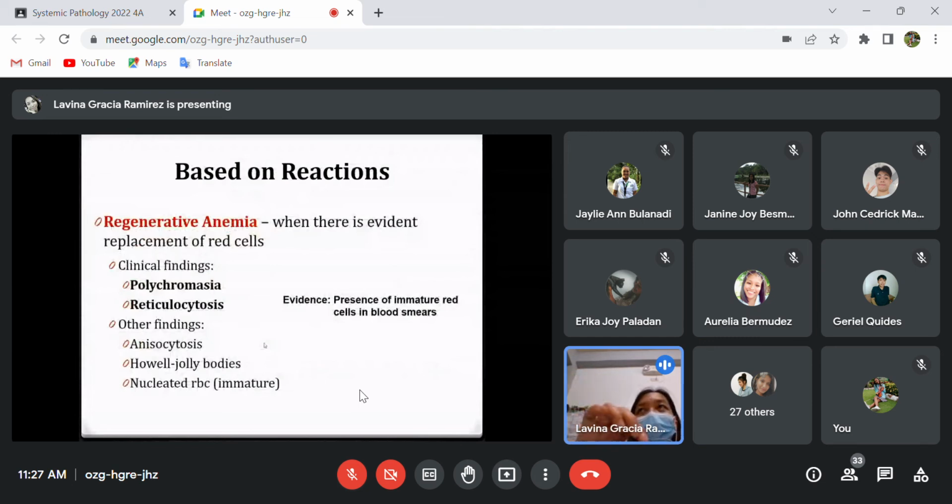Polychromasia is a condition in which you can see actively staining cells, especially the immature or developing cells in the blood smear. Reticulocytosis is the presence of abnormal immature cells in the circulation. These two pictures give you an idea that the animal is still capable of replenishing the destroyed red blood cells.